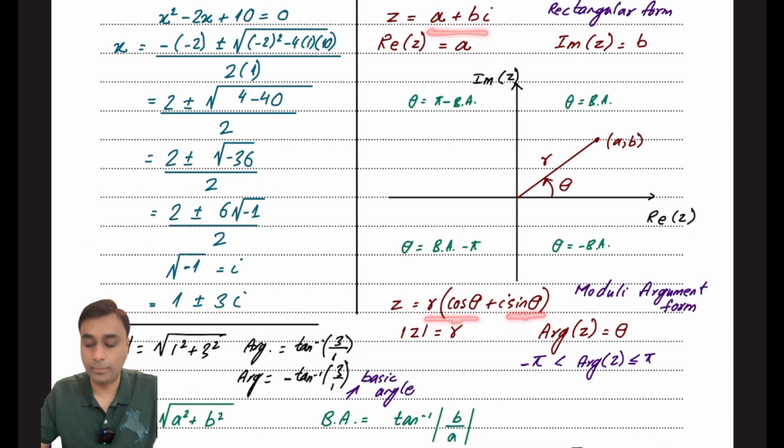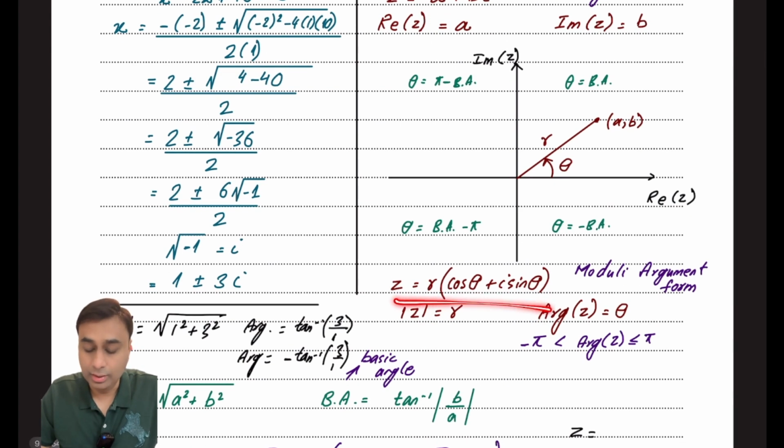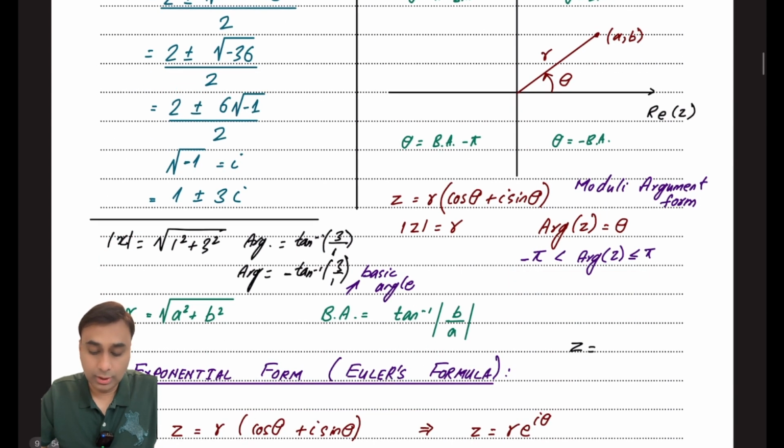So this form here, z equals r cos theta plus iota sine theta, is called the moduli argument form of this particular complex number. And whenever you find the argument, you have to make sure that the argument lies in the interval of minus pi to pi. Now, you have modulus and you have an argument.